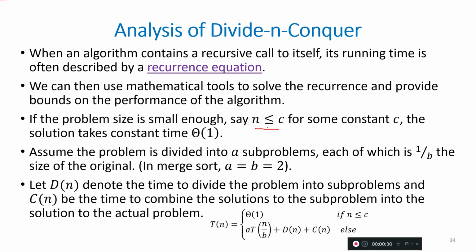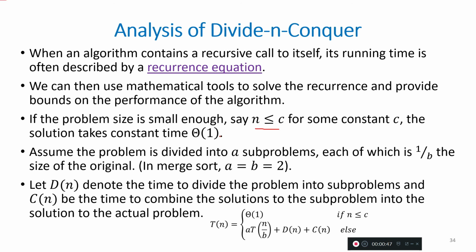In the merge sort, c is equal to 1. That means when the size of the subarray reduces to one element, then it has nothing to be compared with and is thus sorted. So the time it takes is some constant time, theta 1.